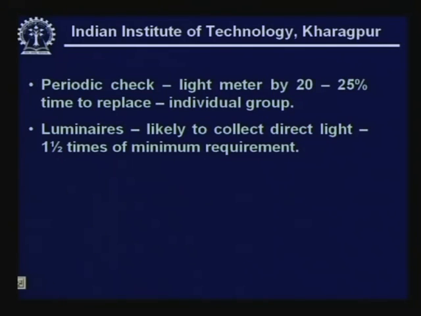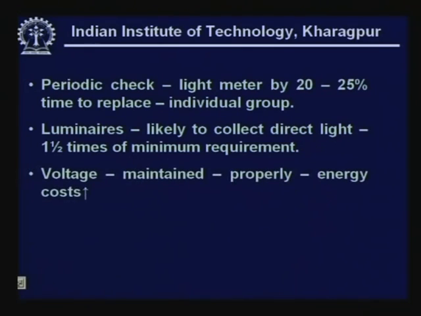The source of depreciation in light output is luminaires. They collect dirt, which reduces the direct light. Therefore, after reflection, at least 1.5 times the minimum requirement must be there. The other issue is lamp survival, which depends on the voltage.